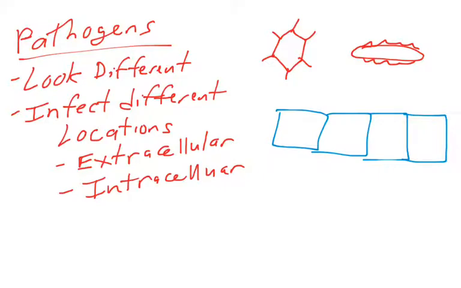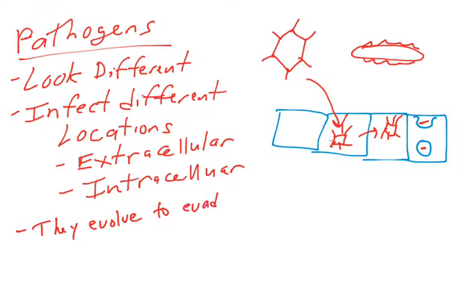So pathogens can be outside of our cells, in the fluid outside our cells, or pathogens can be inside our cells, in the cytoplasm of the cells, or even in compartments inside the cell, such as a vesicle. So the immune system has to be able to recognize pathogens in these different locations. So there are going to be a lot of molecules that will be detecting possible pathogens in these locations.